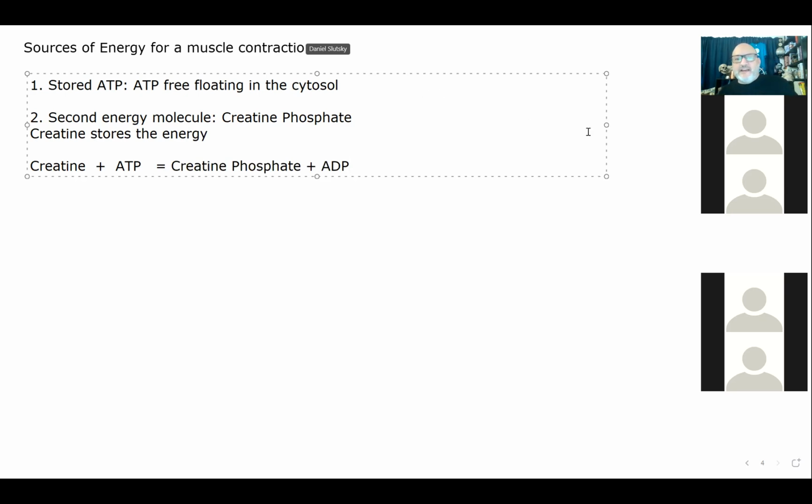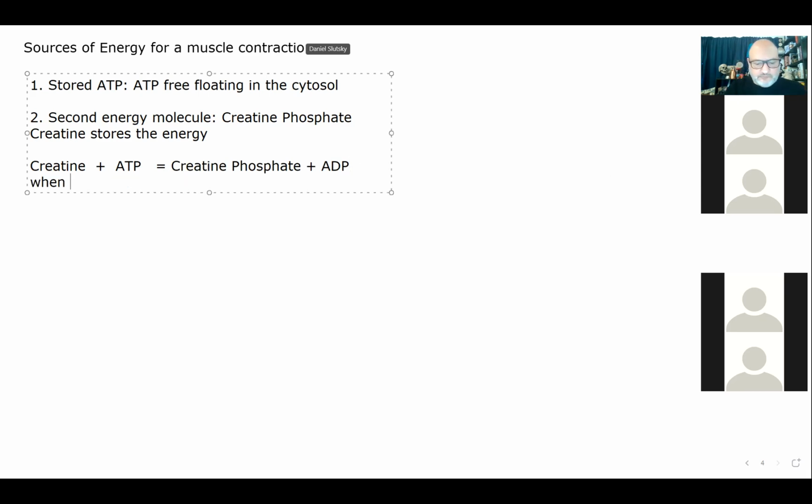Now, when the cell is at rest, there is lots of free-floating ATP floating around. And so what happens is that drives this chemical reaction to the right.